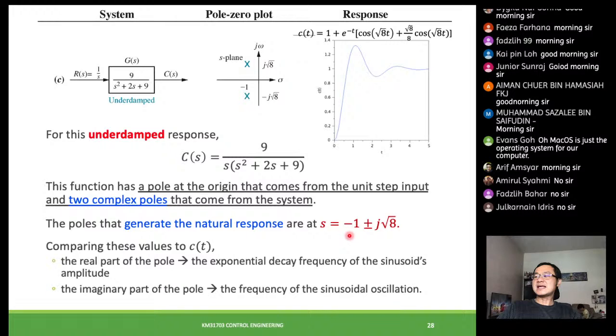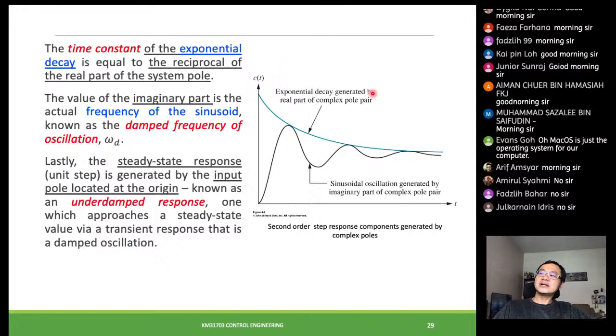Whereas the imaginary part tells us the frequency of these oscillations. So this is how we can break it down: the exponential decay, and the imaginary part, which corresponds to the frequency of these oscillations.